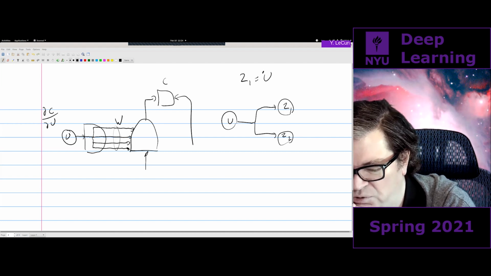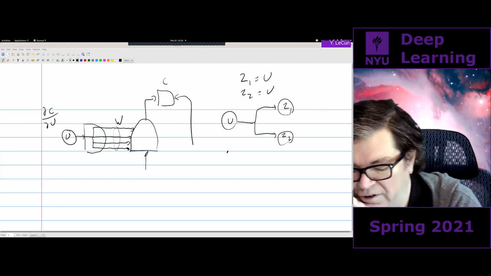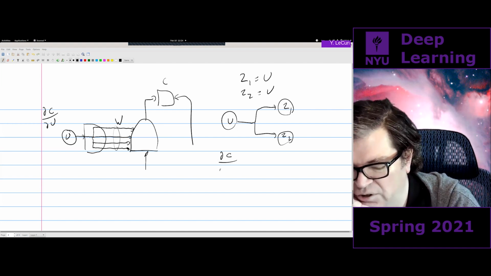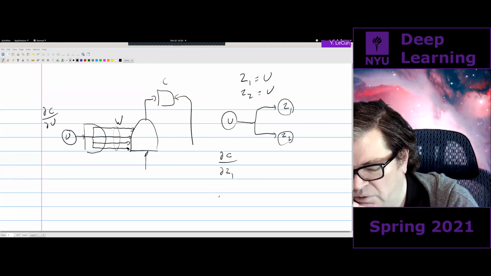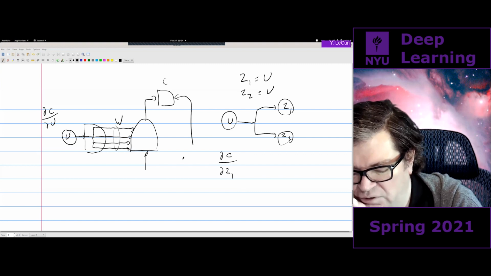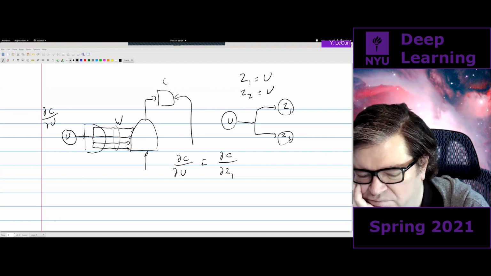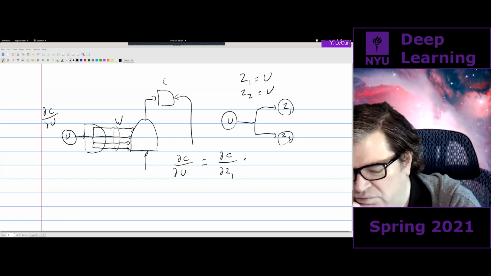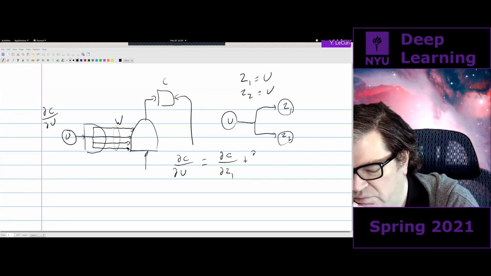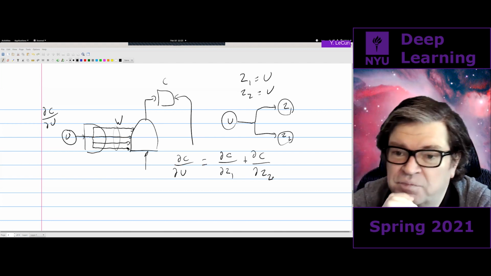And Z1 is equal to U, and Z2 is equal to U. Okay. So if I have the gradient of some cost function with respect to Z1, what is going to be the gradient of this cost function with respect to U? And the answer is the sum of those two gradients. Why is that?